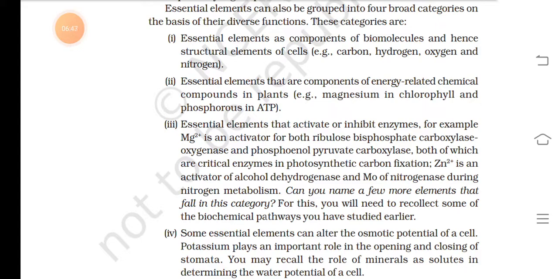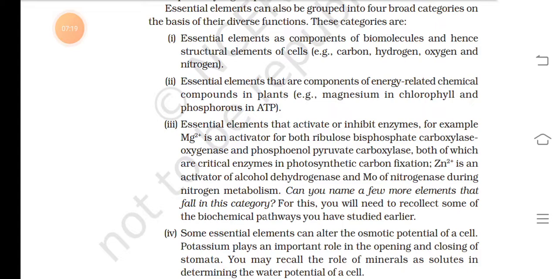For example, Mg2+ is an activator for both ribulose bisphosphate carboxylase oxygenase and phosphoenol pyruvate carboxylase, both of which are critical enzymes in photosynthetic carbon fixation. Zn2+ is an activator of alcohol dehydrogenase and molybdenum of nitrogenase during nitrogen metabolism. Can you name a few more elements that fall in this category?